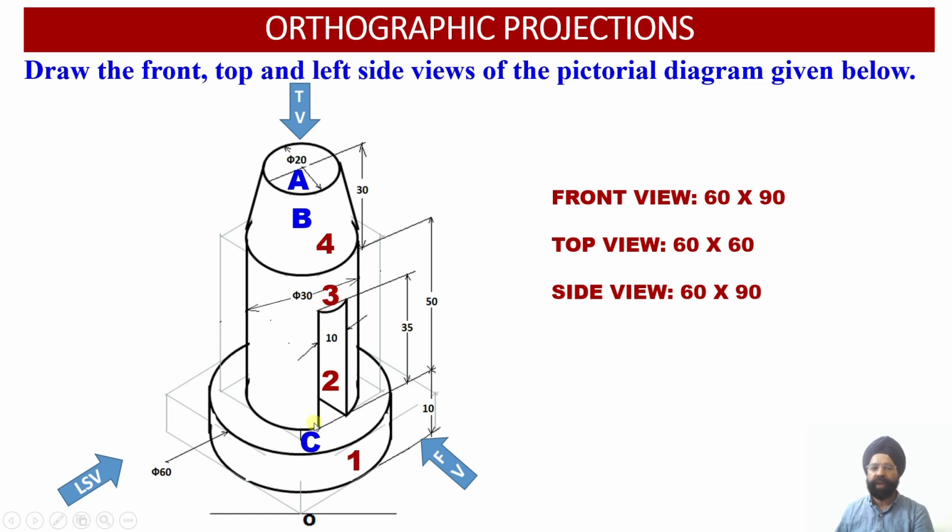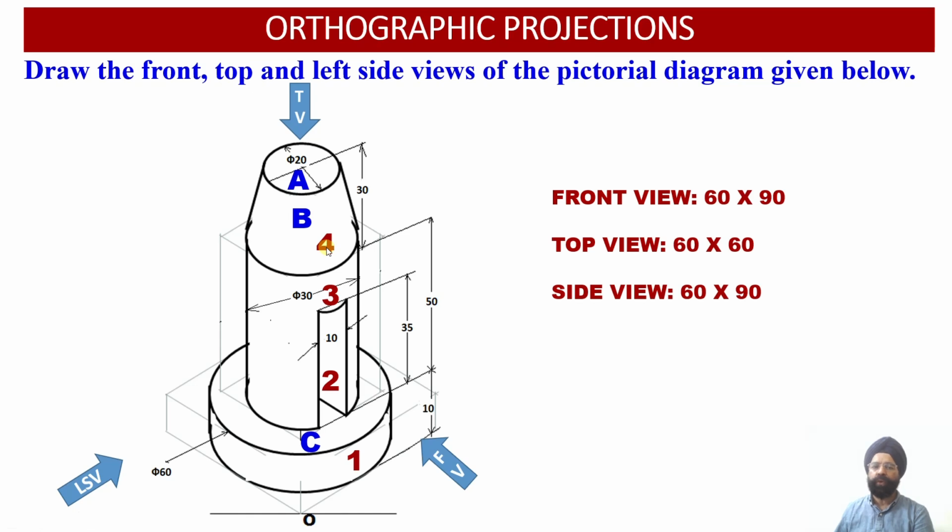Since this rectangular slot surface is parallel to the vertical plane, we are going to observe this rectangular slot as a true shape onto the vertical plane. Then we have surface 3, which is a circular portion, so once again it will appear as a rectangle corresponding to this diameter of element number 2. Then surface number 4 is again a circular surface, so it will appear as a trapezoid onto the front view. So again it is an apparent shape.